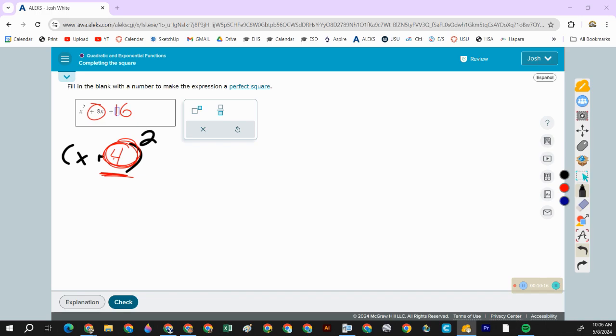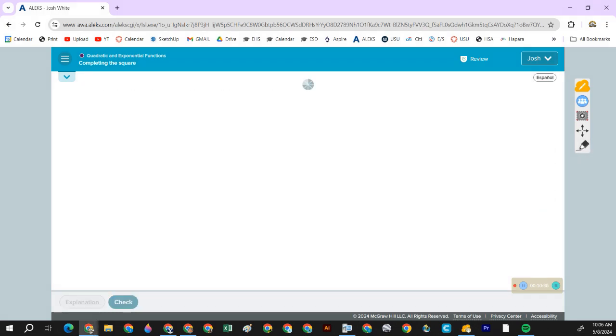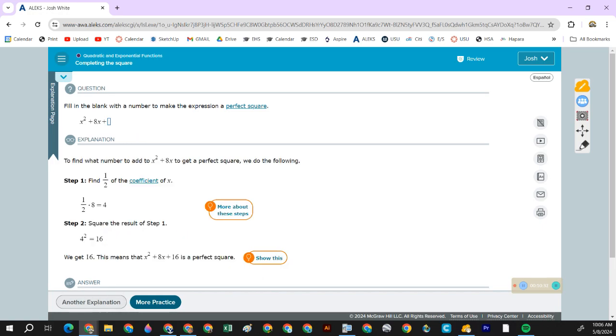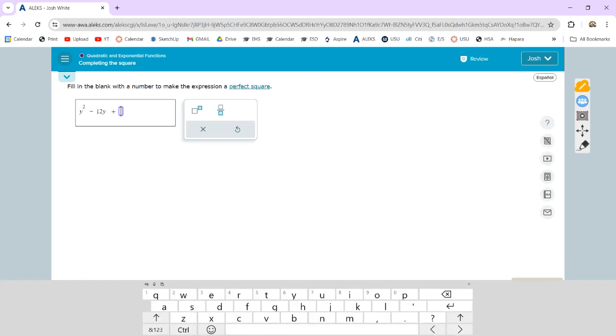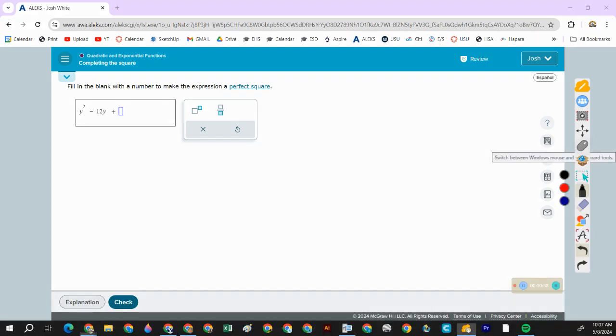So we have taken a partial quadratic equation and we've added a specific number that turns it into a perfect square trinomial. Like that. Let's see if they're going to give us an odd number. I doubt they will.